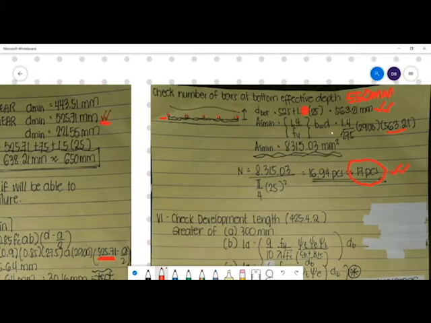Okay, so if we use 1.4 over 275 times 2,900 times 550, we have 8,120. No? So this is the new value. Okay, determine the number of bars, 8,120 over pi over 4, 25 squared.